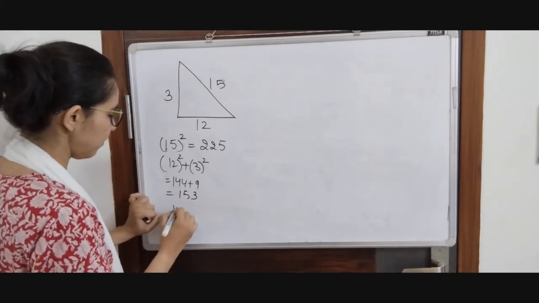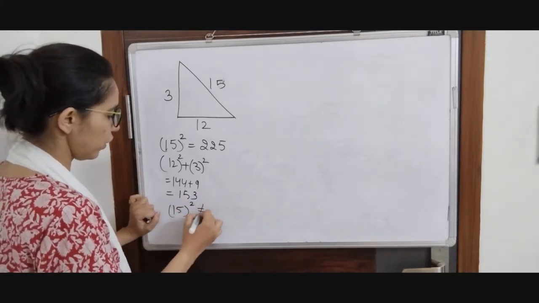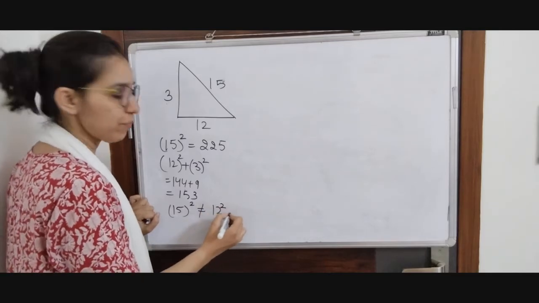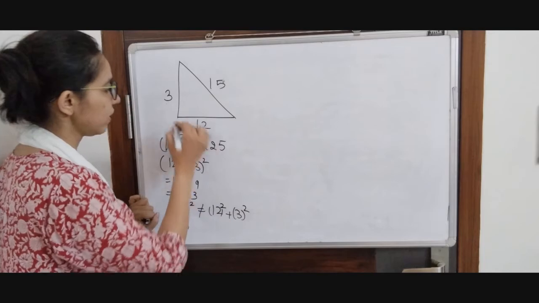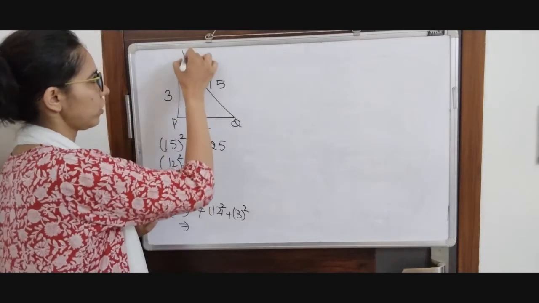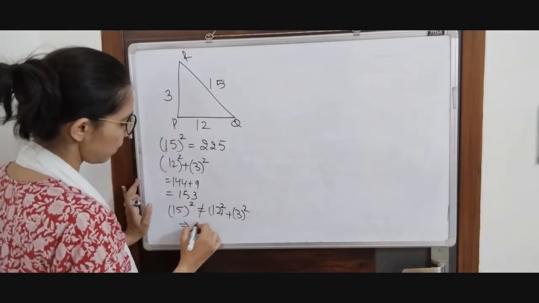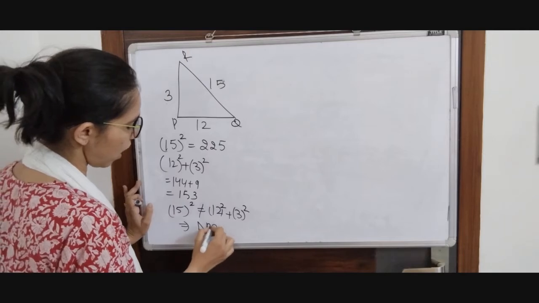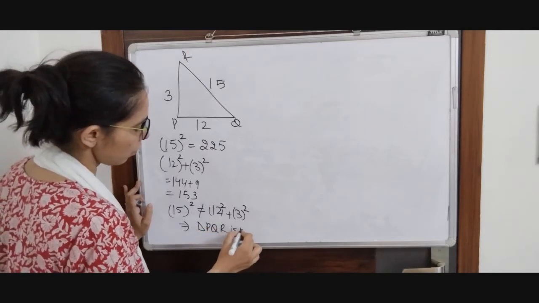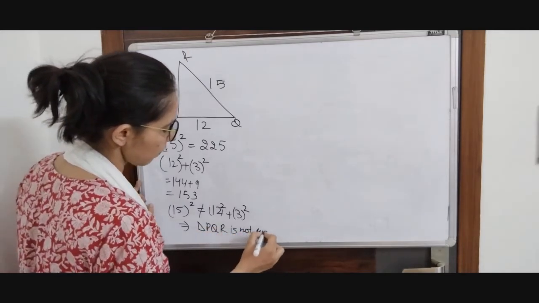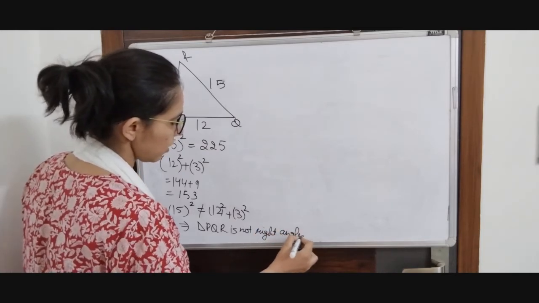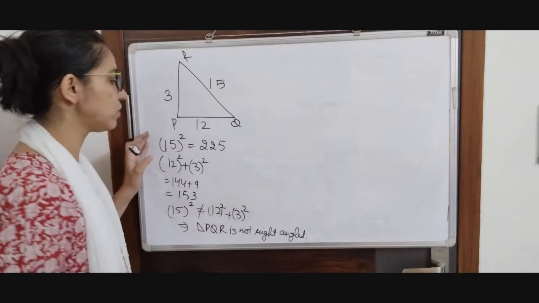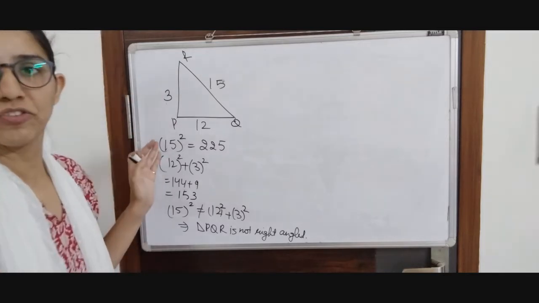So 15 square is not equal to 12 square plus 3 square. It means that triangle PQR is not right angled. You can use this theorem to check if the given triangle is right angled or not.